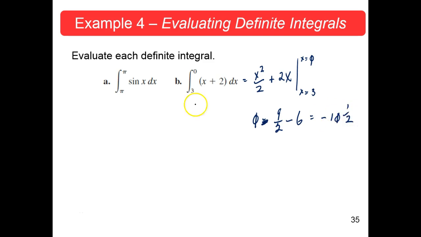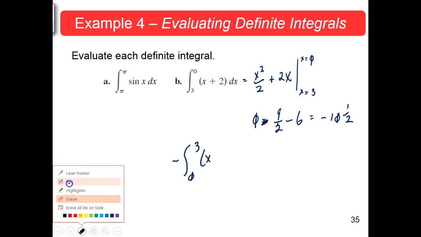Now, what they wanted us to do, and this is indeed true, in fact, this is what I would have done, make that the opposite of 0 to 3, sorry, I'm doing my antiderivative already. No. Okay.